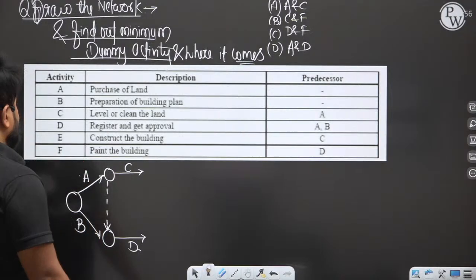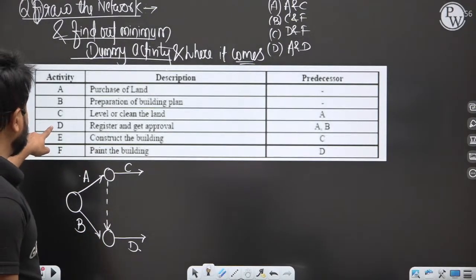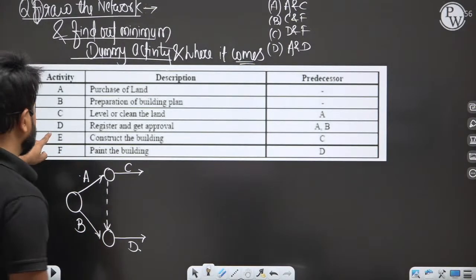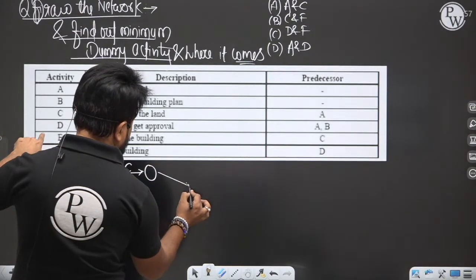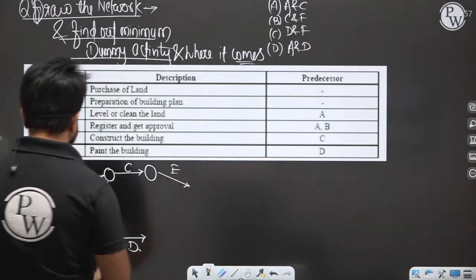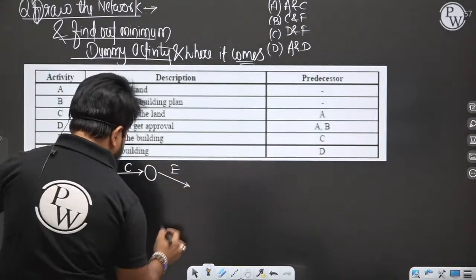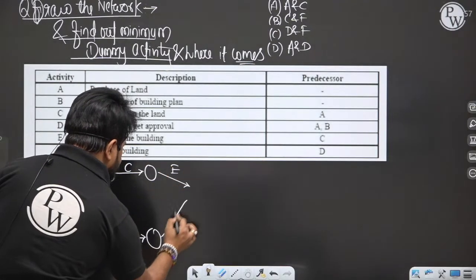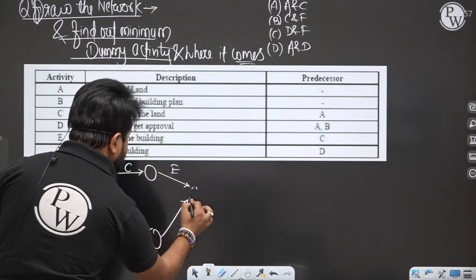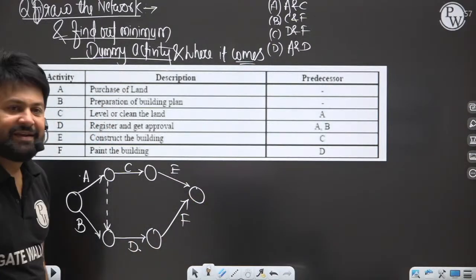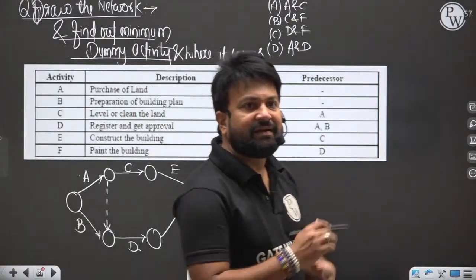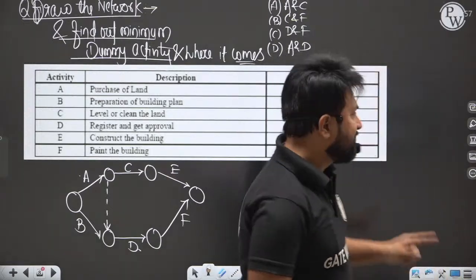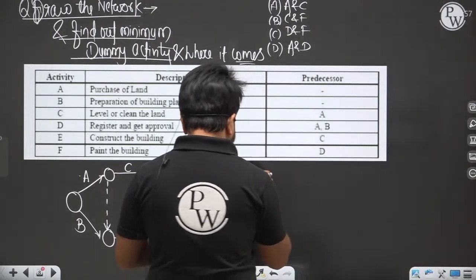Now my dear, we are at D. Now E has a preceder of C. F has a preceder of D, and both are ending activities. So my dear student, there is one dummy activity.